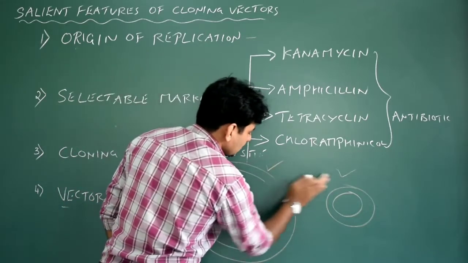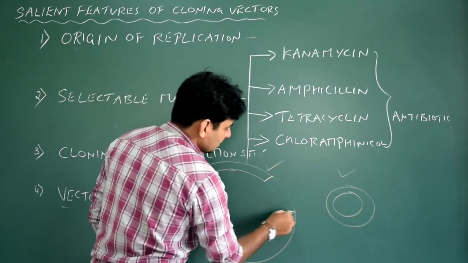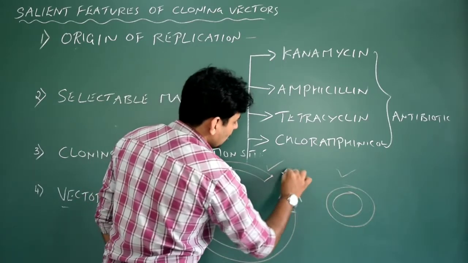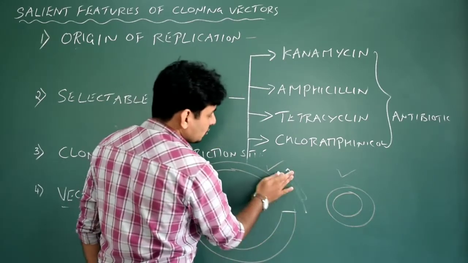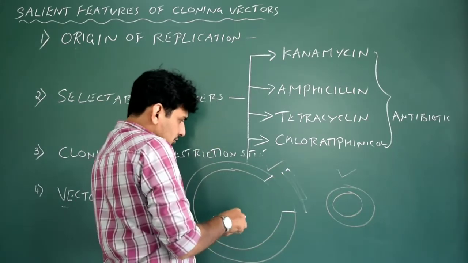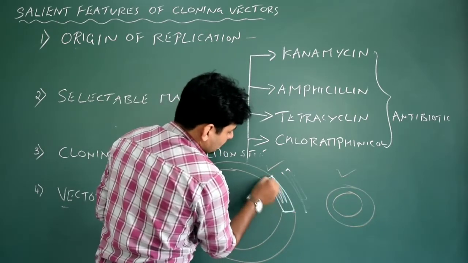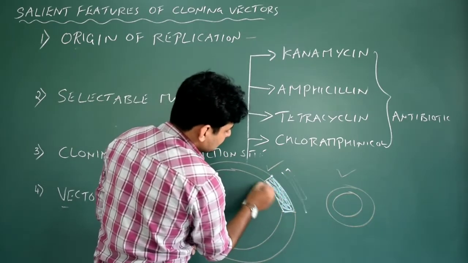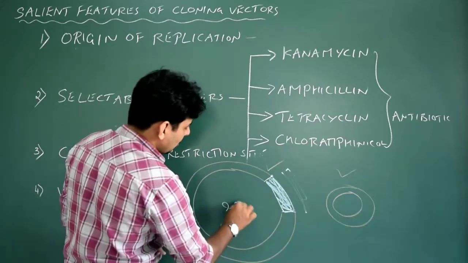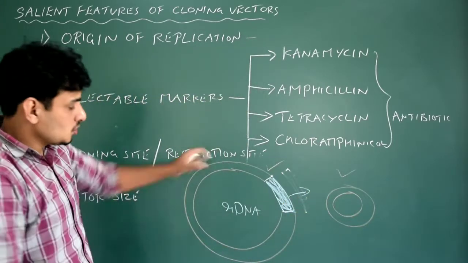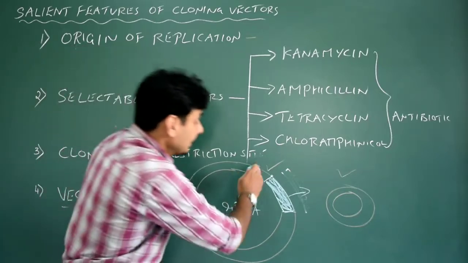For example, let us assume that after the treatment with the restriction enzyme, finally I have removed a small fragment from the cloning vector, and now I am about to introduce the gene of interest. So let me just use blue color. This is the alien DNA, passenger DNA, which is now introduced. So this is now rDNA, and I am going to introduce it to a host organism. In the host organism, it may break.